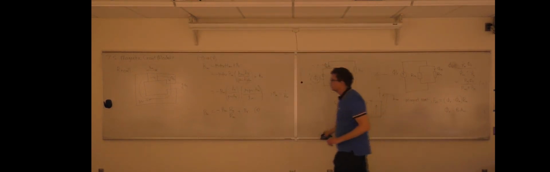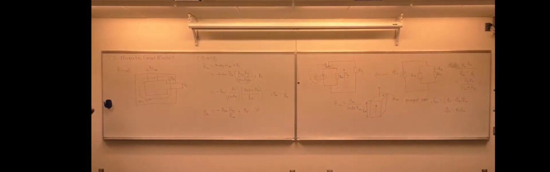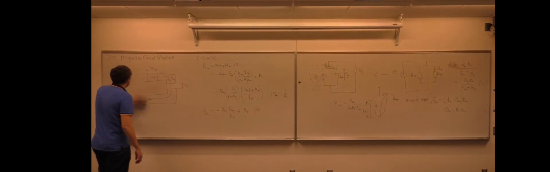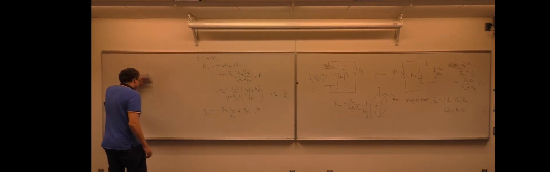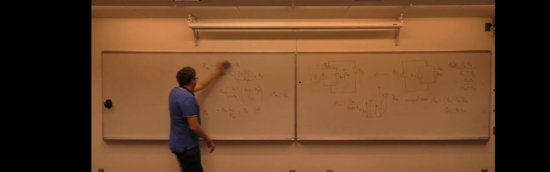With that, let me now write some equations. This approach that I'm going over here is based on one pole, and you could use a similar approach to model an induction machine or other types of machines.